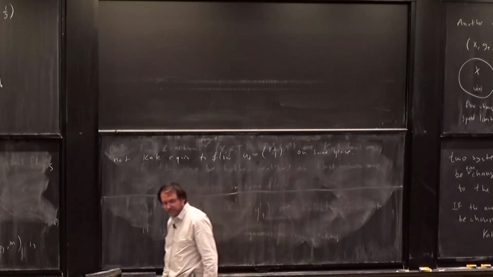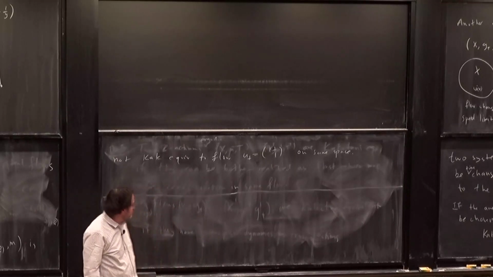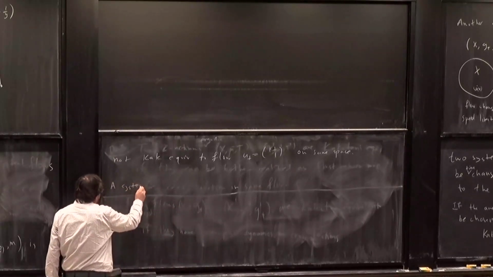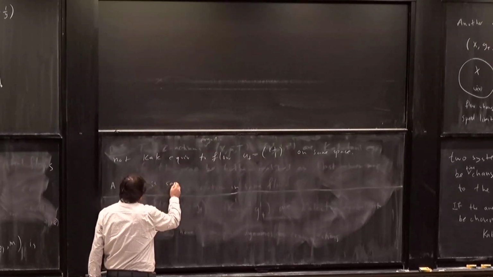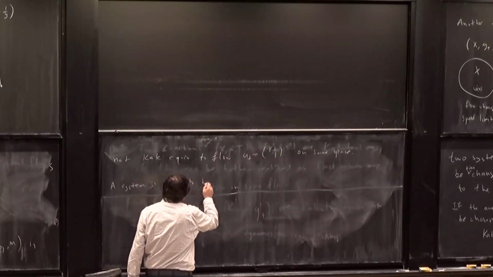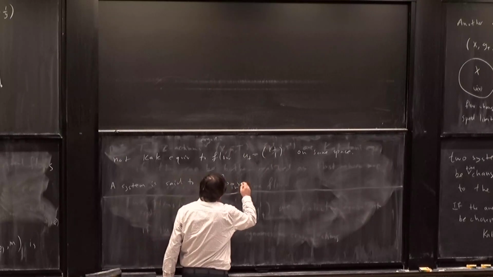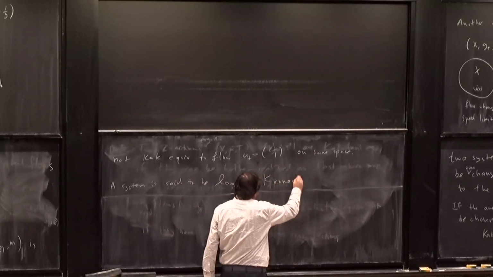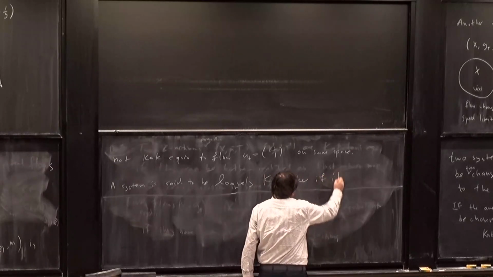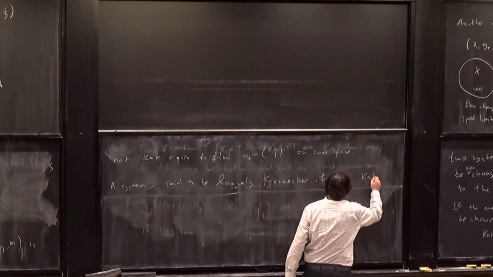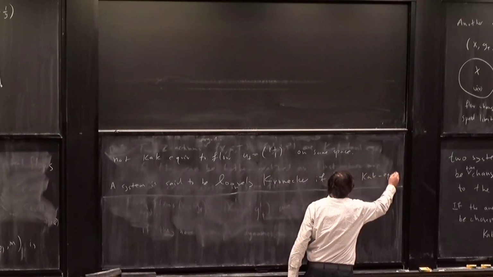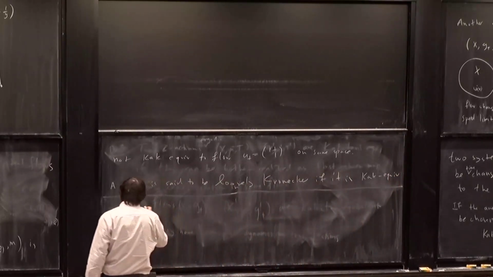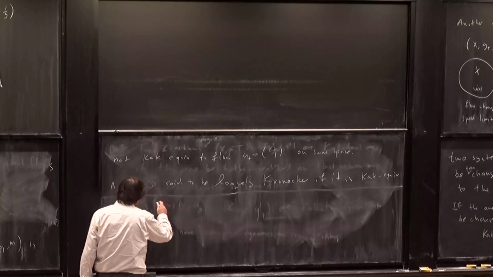Now, define: a system is said to be loosely Kronecker if it is Kakutani equivalent to the following simple system.